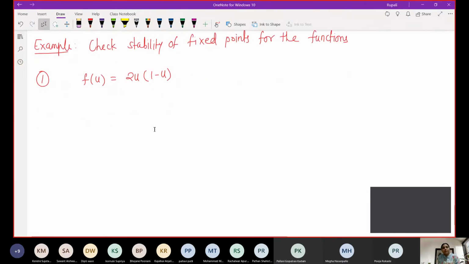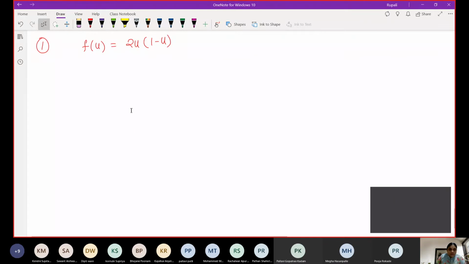So if we want to find the stability of fixed points, first we need to find its fixed points. What are the fixed points we have already calculated? Half and 0. First we find the fixed points of f.